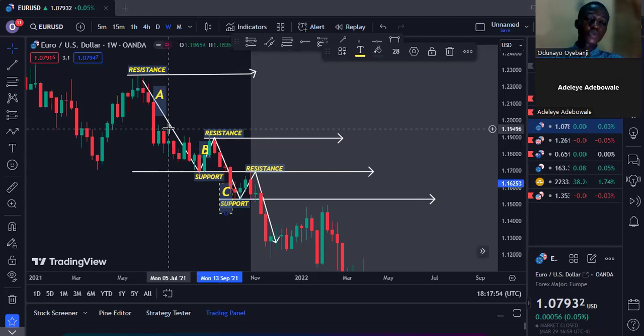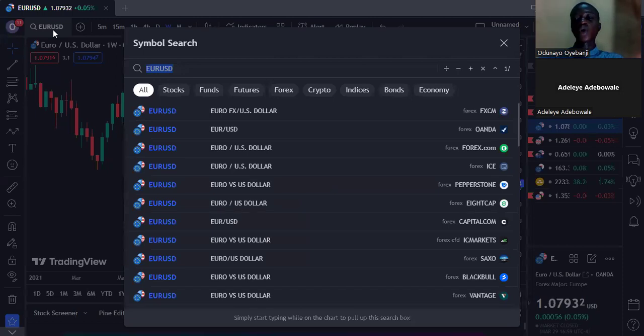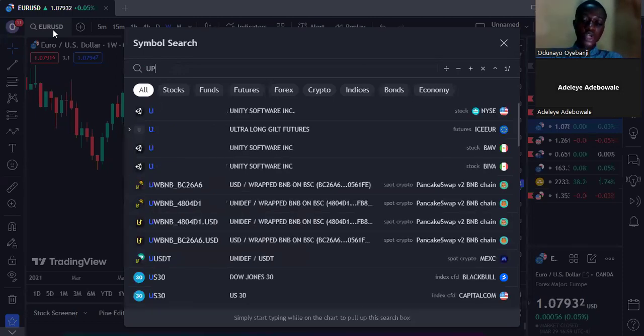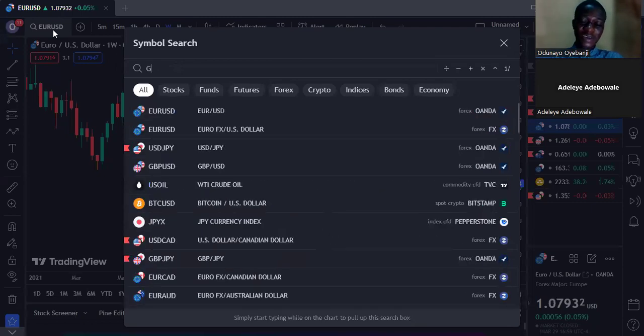So now we are going to move to the uptrend market illustration. How do you identify an uptrending market? Don't mind me, I'm typing in uptrend.